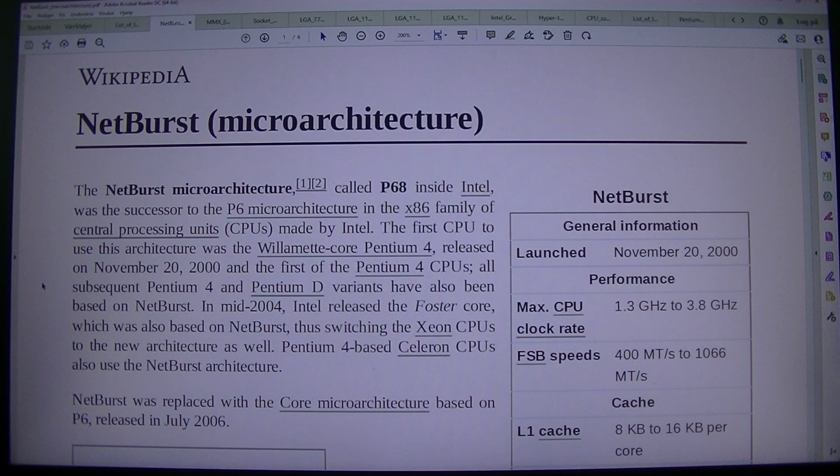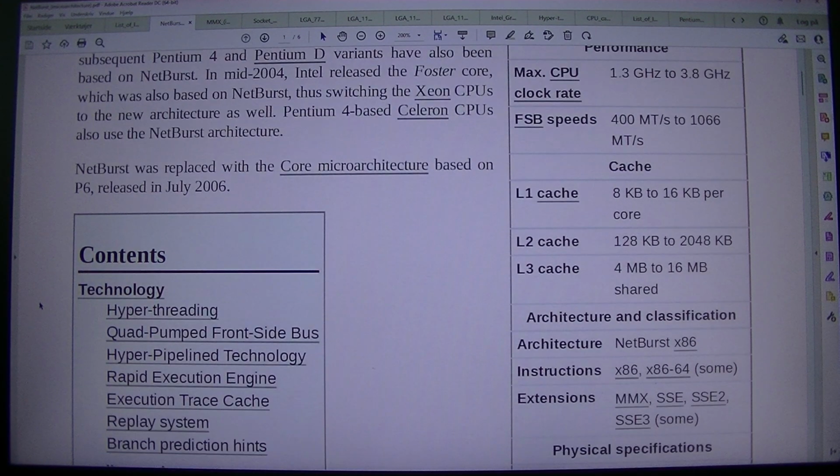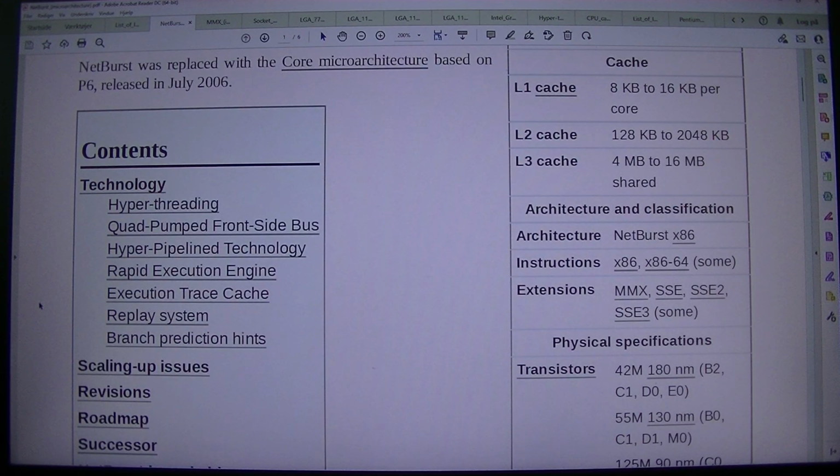In mid-2004, Intel released the Foster core, which was also based on NetBurst, thus switching the Xeon CPUs to the new architecture as well. Pentium 4-based Celeron CPUs also use the NetBurst architecture. NetBurst was replaced with the Core microarchitecture based on P6, released in July 2006.